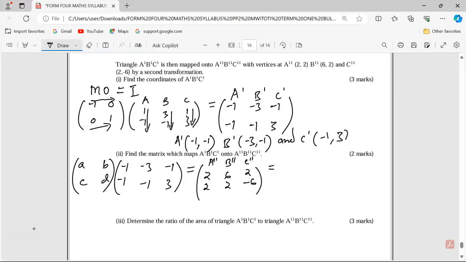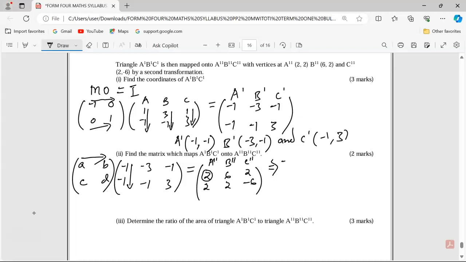So now we can work this out, whereby from the first multiplication, I will use elements a and b in the first row to multiply the first column, so that we get the first element in the answer matrix, which is a 2.